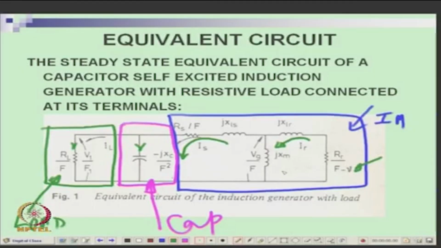And we discussed yesterday what we do not know. We do not know this Xm which is saturated, and we do not know the frequency. These two parameters in the circuit we do not know.